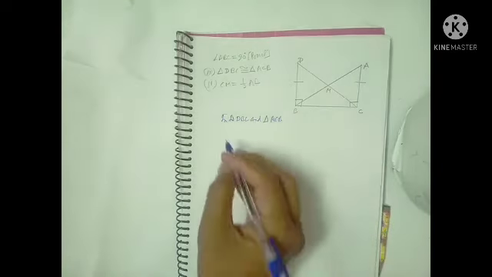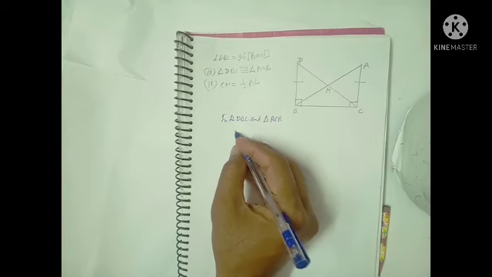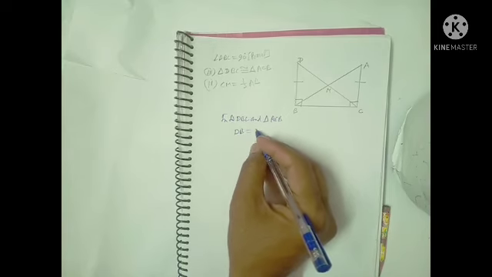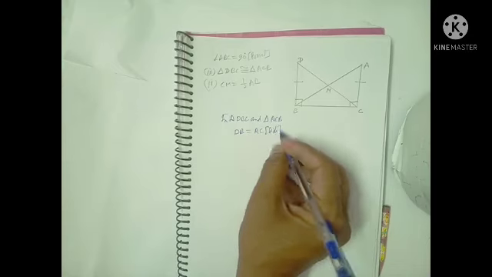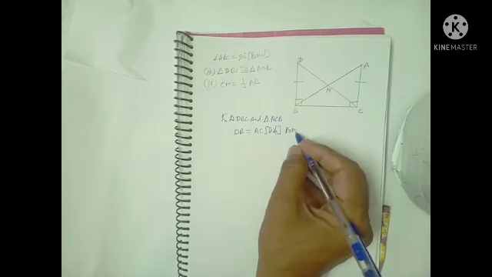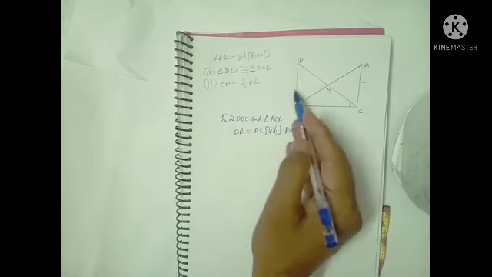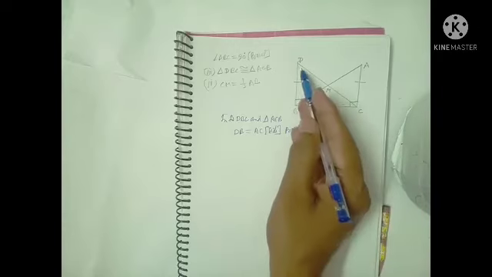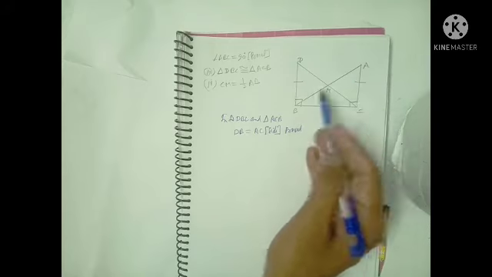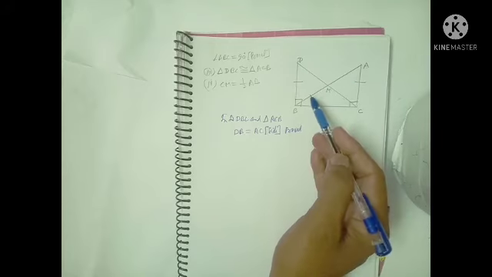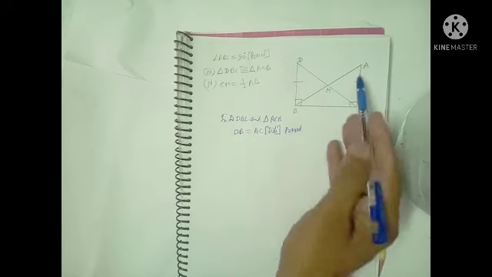See, we have observed that DB is equal to AC. This is side. Proved. We have proved earlier that both are parallel and equal because of alternate interior angles, and in both triangles we proved triangle AMC and BMD congruent. So that's why DB is equal to AC by CPCT.